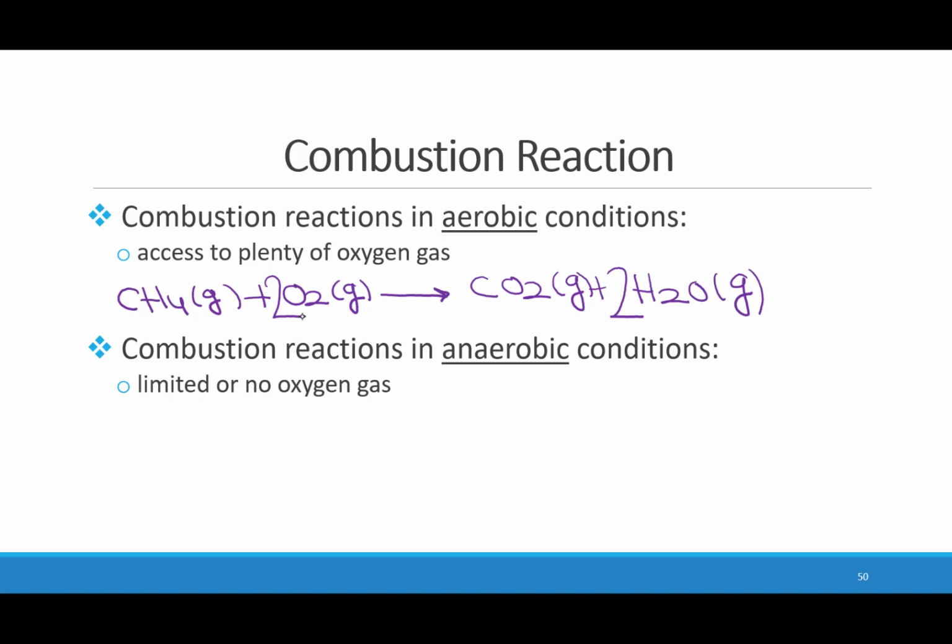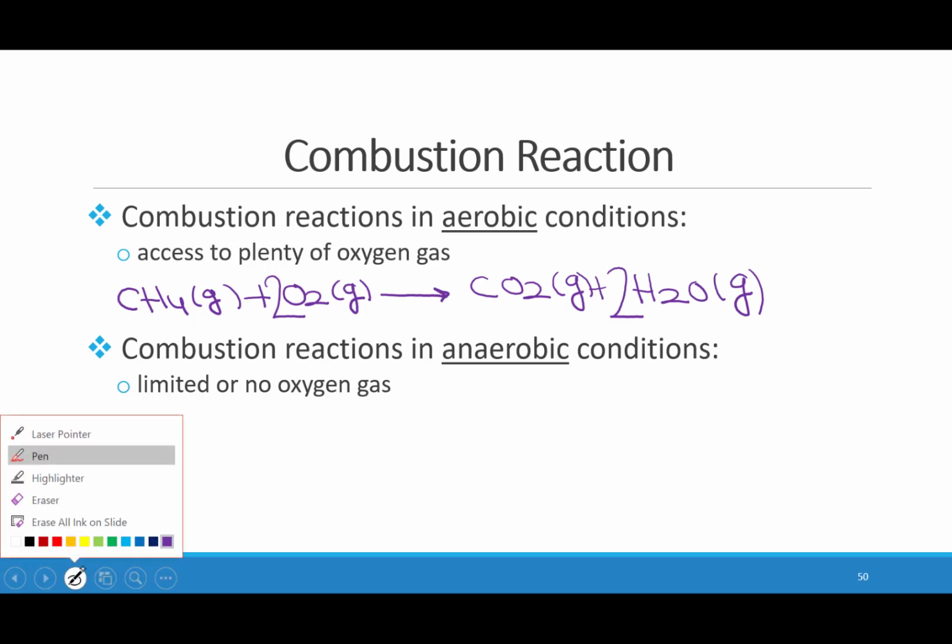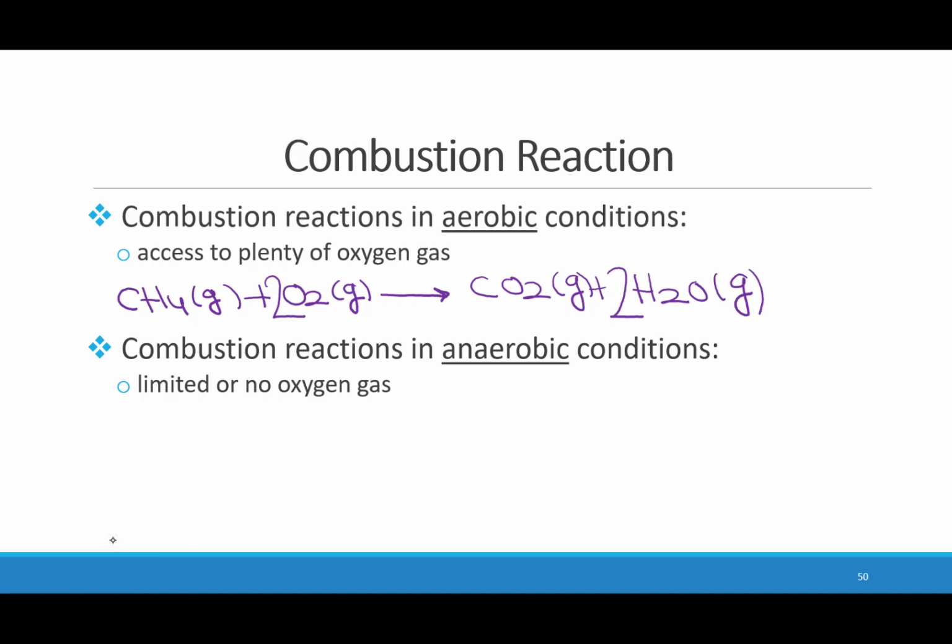Now, anaerobic condition means we have a little or limited or no access to oxygen. Then in that case, instead of carbon dioxide, we have carbon monoxide.